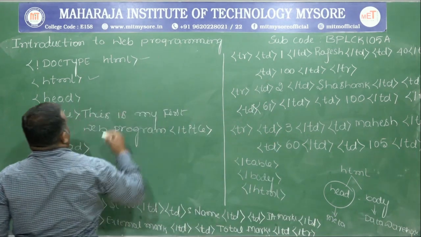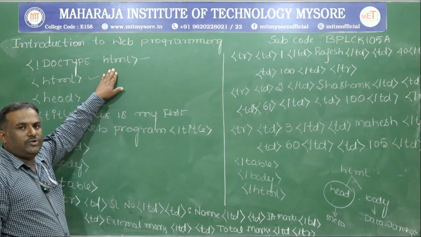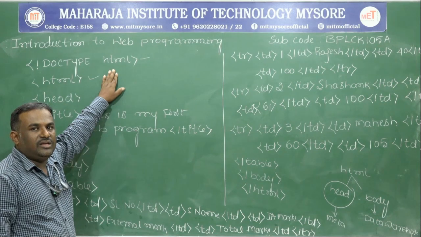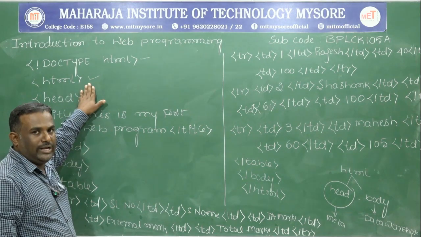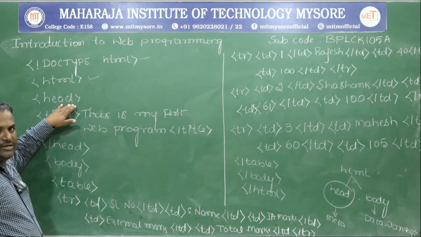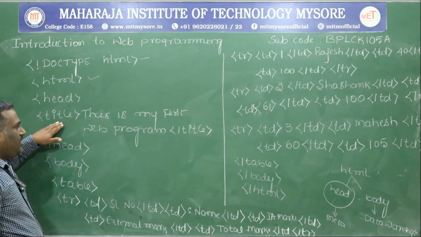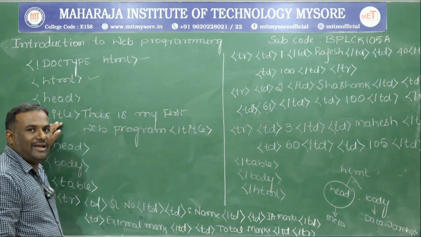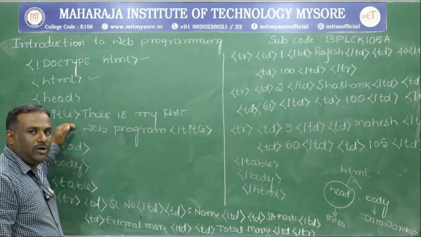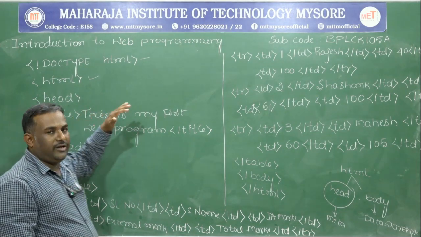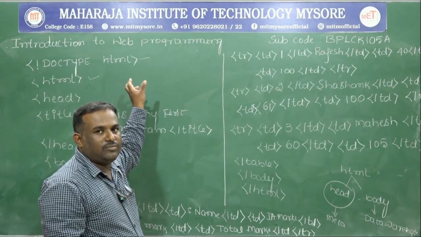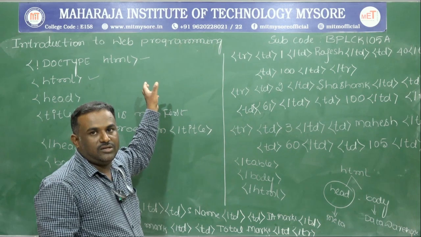The first one, with the help of this doctype HTML, you are going to specify that you are going to use the HTML5 elements. And the next one is the root element, followed by the head. Under the head element, we have one more element called title. This is the title of the HTML program, and this title will appear on the top corner of the web browser.